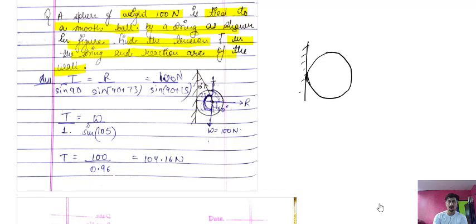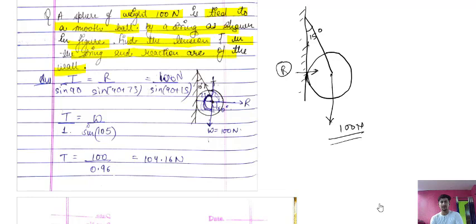And this wall is extended here, and from this center it has been tied with a rope, and this angle is 15 degrees. Okay, now you have been asked to calculate the reaction of this wall. It is supporting this sphere in this manner, the reaction will be like this. Okay, and it is having a weight of 100 Newton.